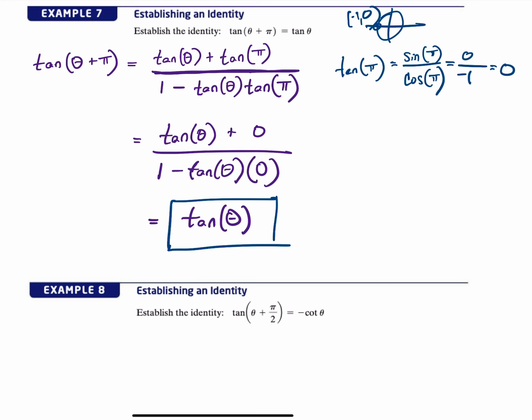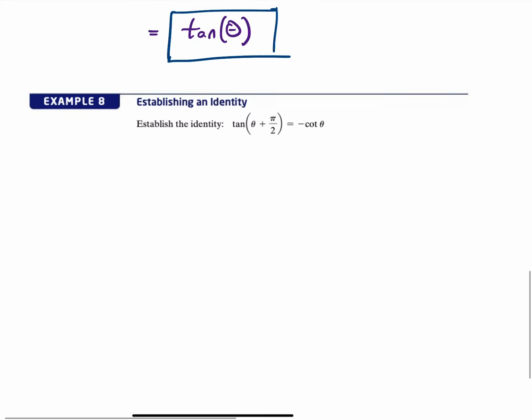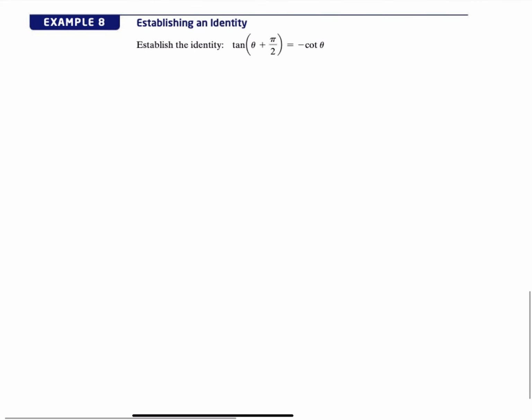So let's do the same thing for example 8. We want to establish that the tangent of theta plus pi over 2 equals negative cotangent of theta. So let's see, how can we get there?